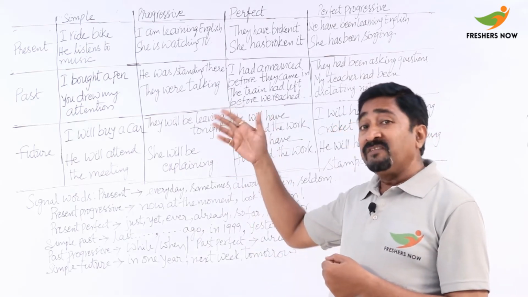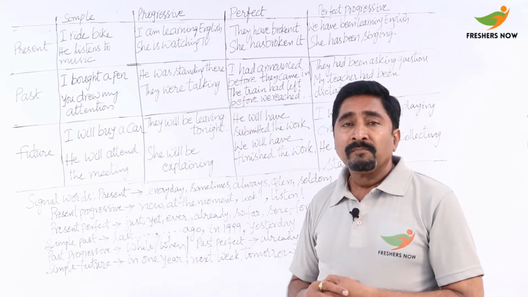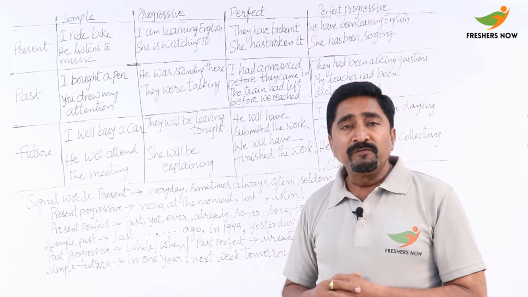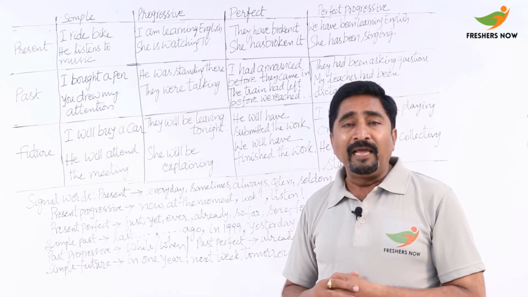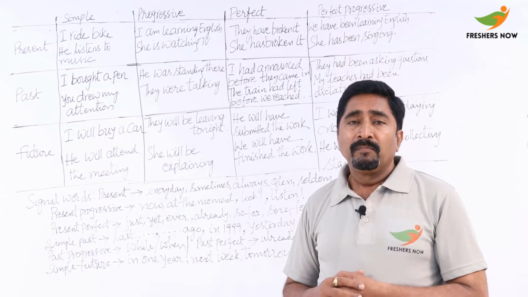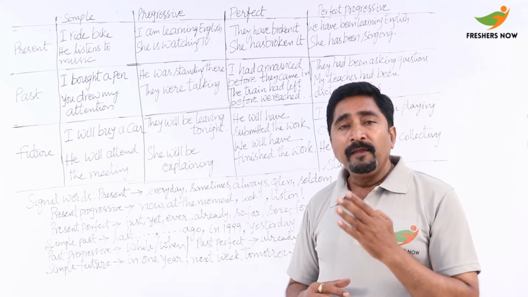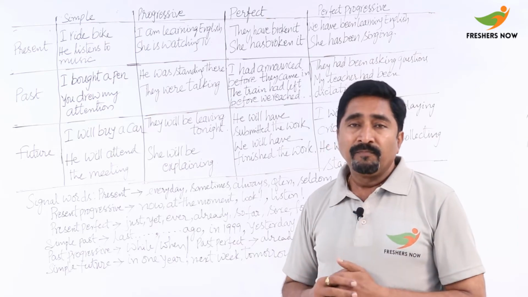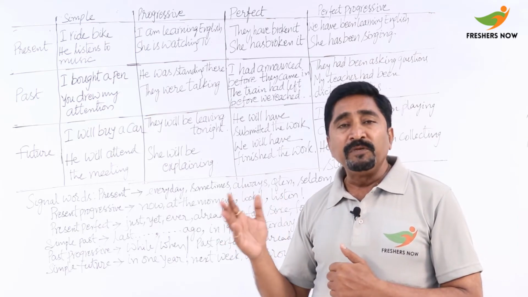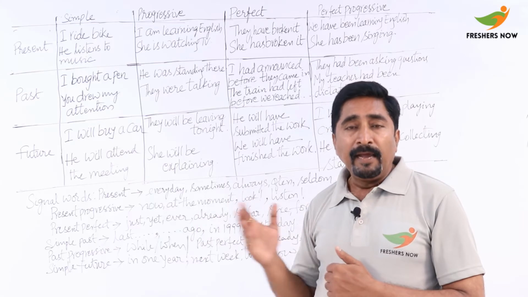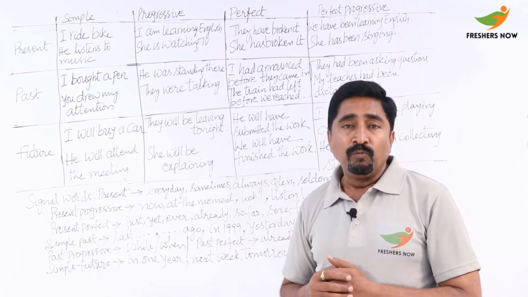Now let's see the past progressive. In past progressive, we use the be forms like was and were. So we use was with I, he, she and it. And for the remaining persons we use were, and add ing to the main verb.